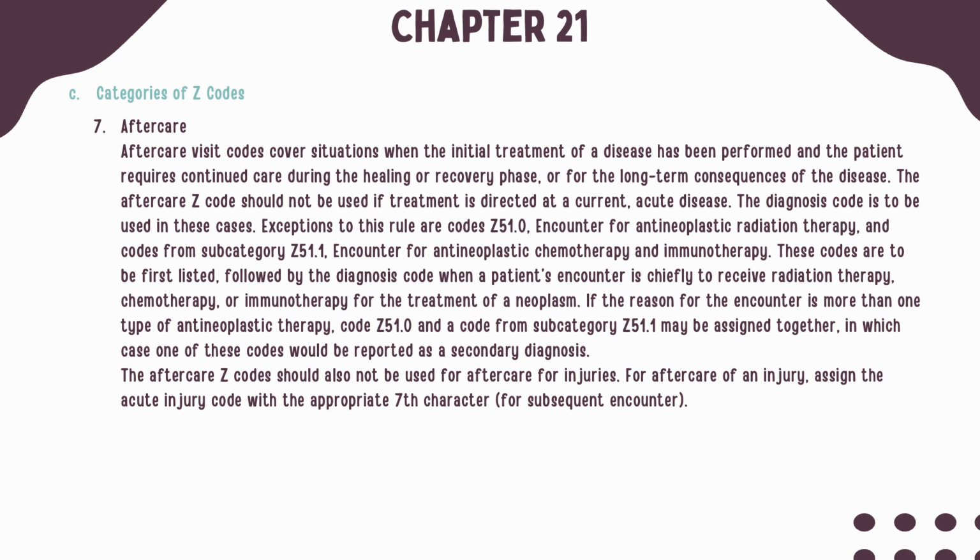If the encounter is for more than one type of anti-neoplastic therapy, a code from Z51.0 and Z51.1 can be assigned together. The aftercare codes should not be assigned for the aftercare of injuries. For the aftercare of injuries, you should assign the acute injury code with the appropriate 7th character for the subsequent encounter.